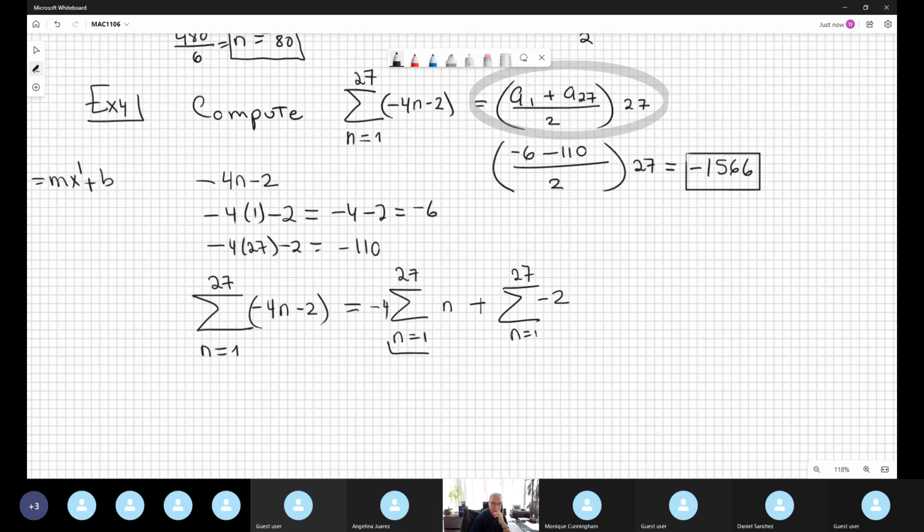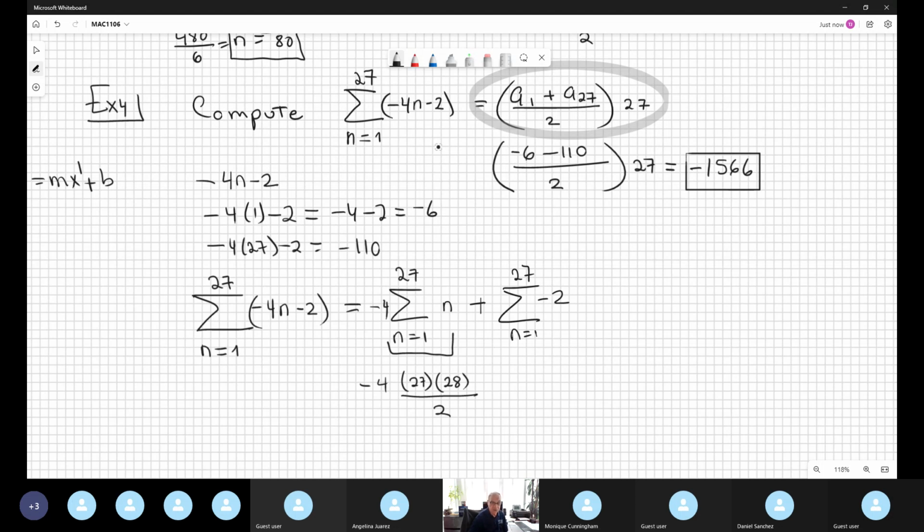And you have a specific formula to compute that. So the formula is -4, I bring down the -4, times 27 multiplied by 28, because it's n plus 1, divided by 2. This is the formula. I put it in my calculator now.